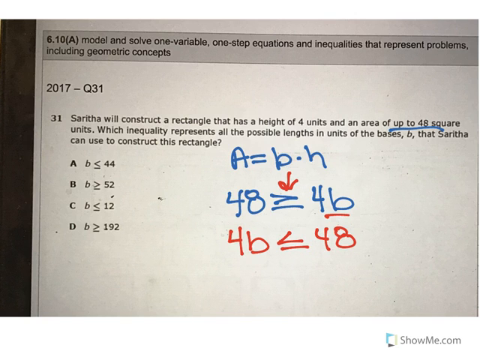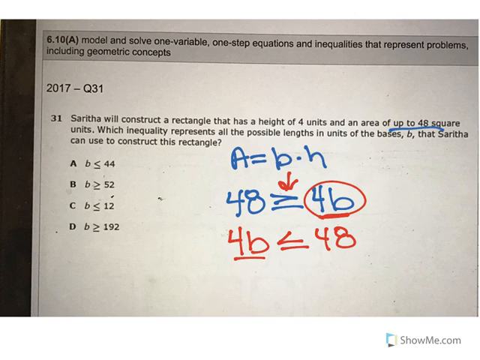Now, notice the inequalities face different directions in each of those, but both times, what it's saying is, you always read your variable side first. On this one right here, it is 4b is less than or equal to 48. The one below it, you still read 4b first. 4b is less than or equal to 48.